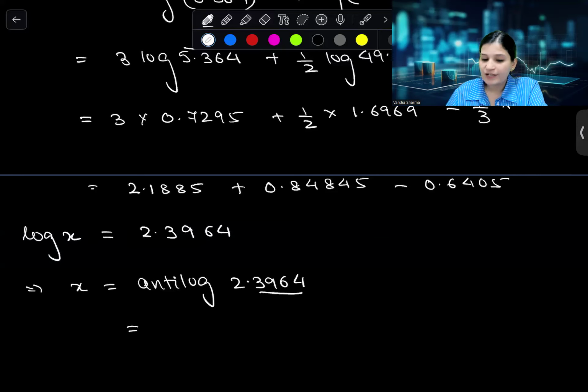So now find the value of 0.3964 from the anti-log table. Find 0.396 and the fourth mean difference value.